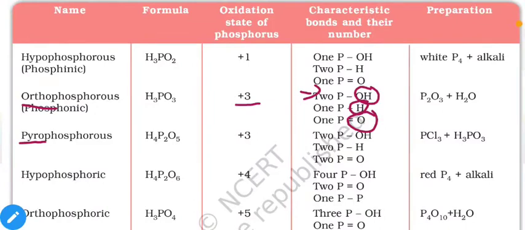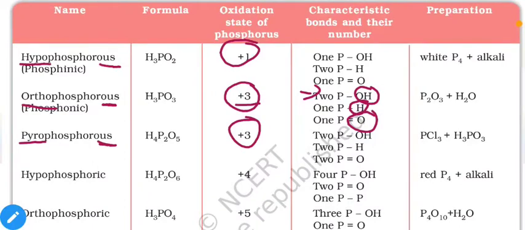So different attachments can lead us to different compounds. If you notice the oxidation state of the second and third compounds, they are +3. That's why the OUS suffix is used. For a lower oxidation state, that means +1, it contains the hypo prefix with the OUS suffix.